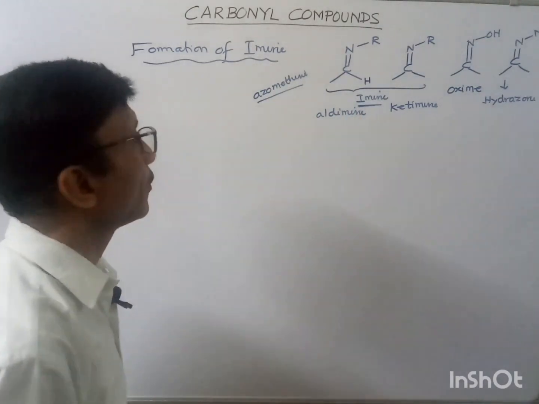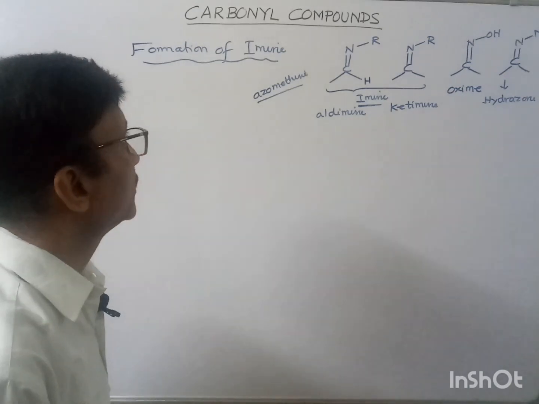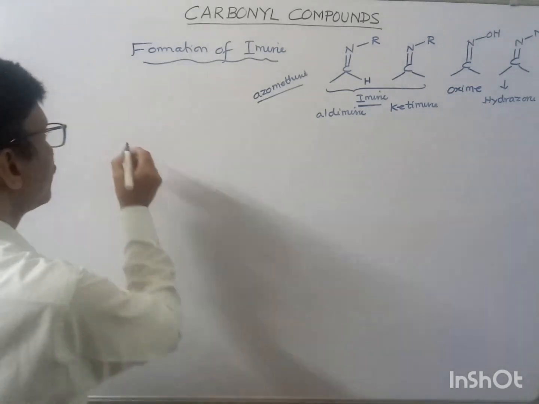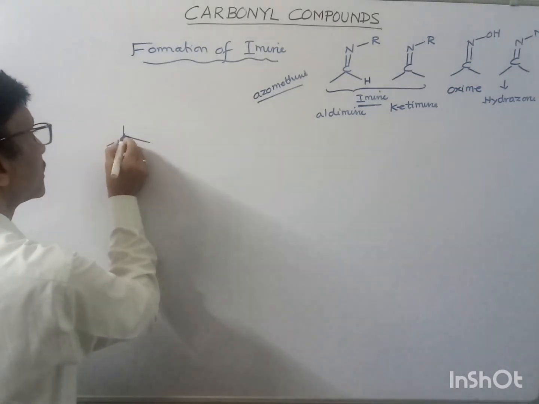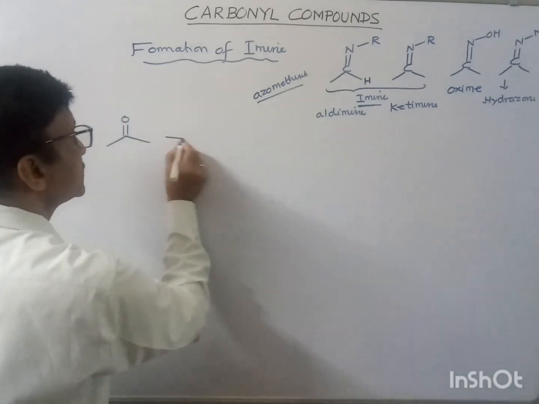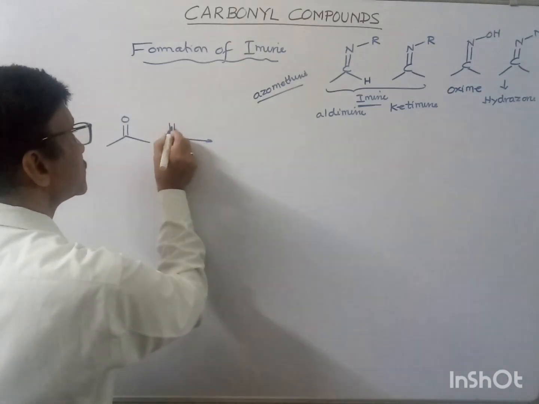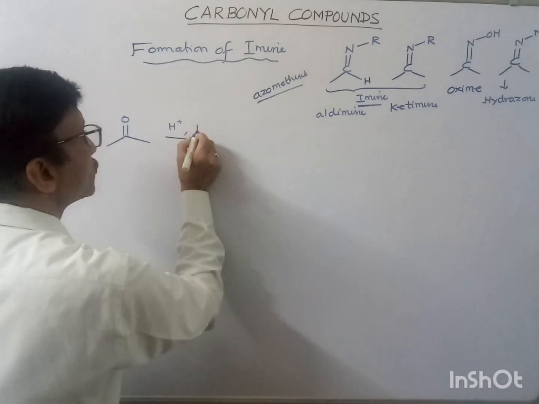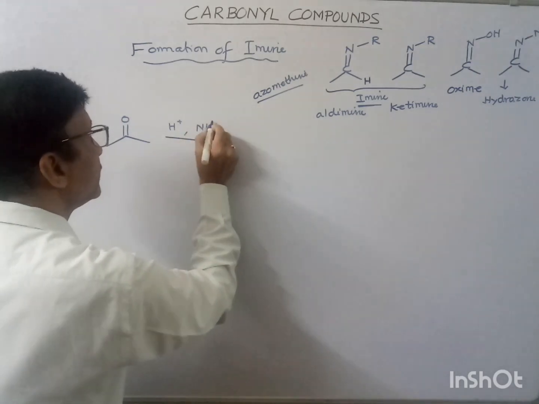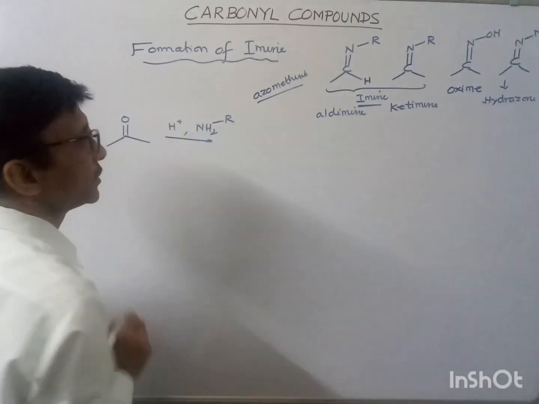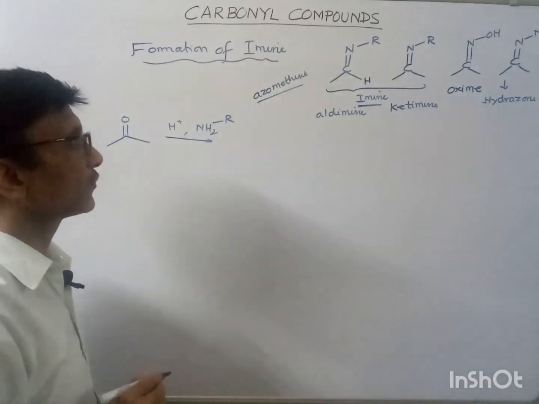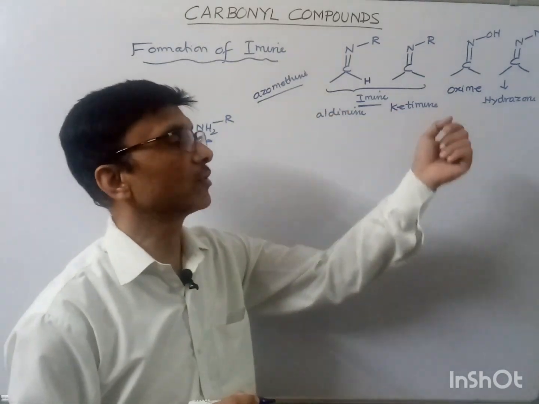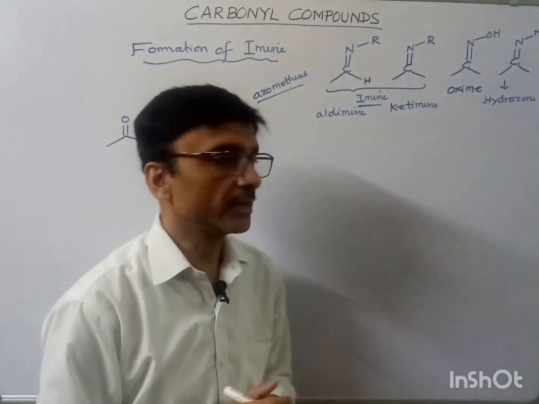Now how can we form it from the carbonyl compound? If I have a carbonyl compound, then in the presence of H plus and a primary amine, it can be converted into an imine. For the formation of imine, oxime, and so on, we should have a primary amine.